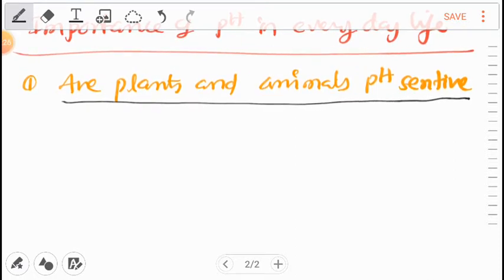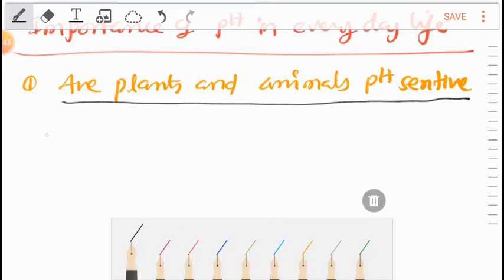Because of the change in pH, it is a threat to aquatic animals. The fishes and aquatic life will die because of the acid rains and change in the pH values. That we can write. So write the notes, you can understand.